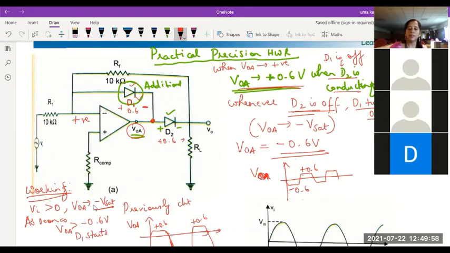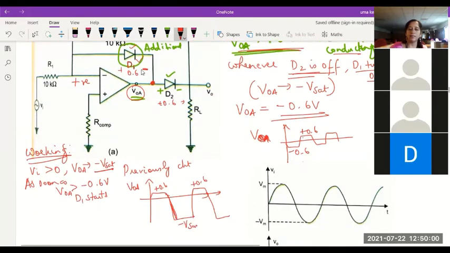See here, you can see D1 is connected with the negative at the output. So when the negative voltage here exceeds minus 0.6, D1 will start conducting because it has sufficient voltage. And since there is a negative voltage at the anode of D2, D2 is off.